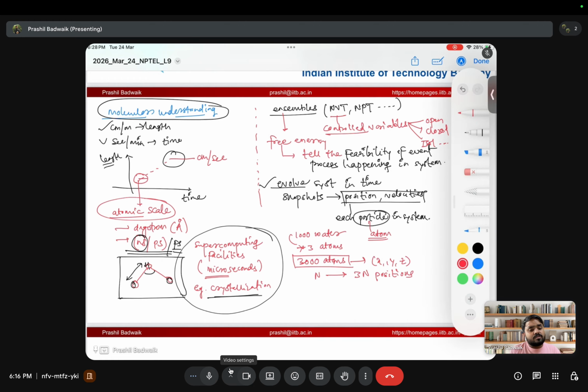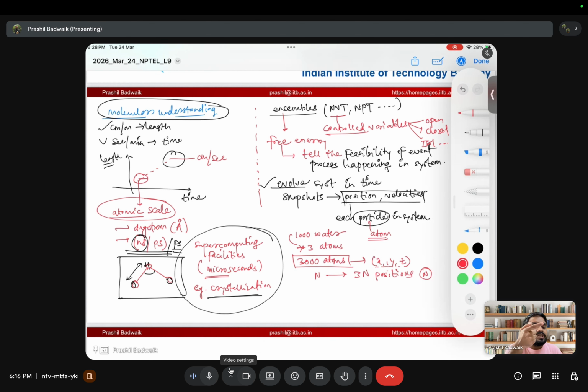So these 3n variables, which are varying, tell you the position, right? XYZ of a particular particle in space.